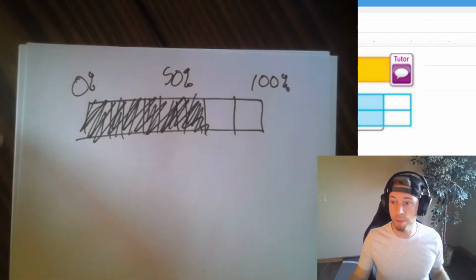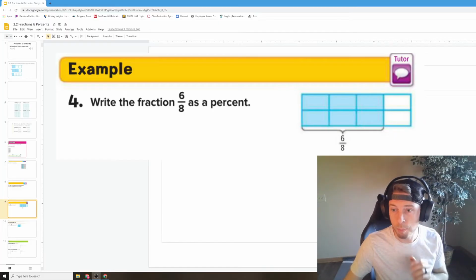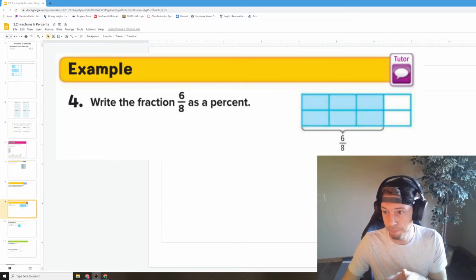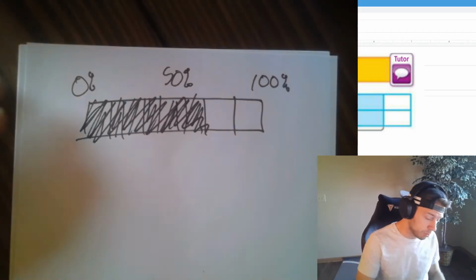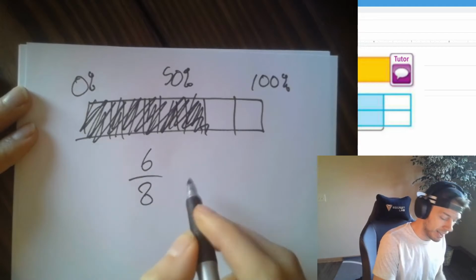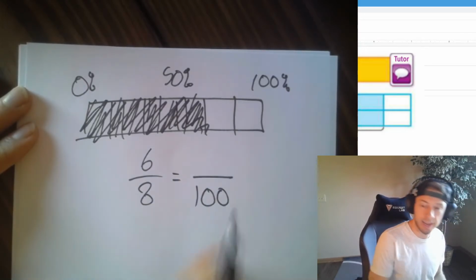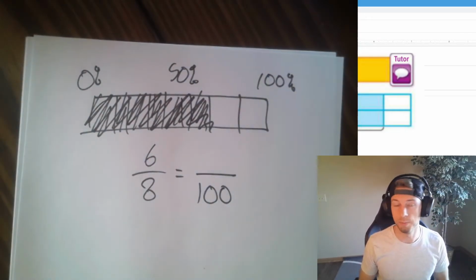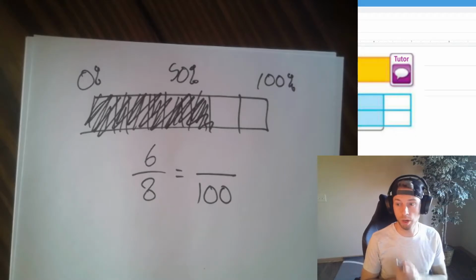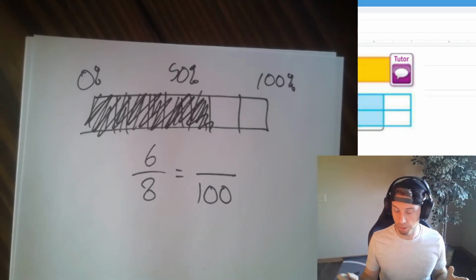But here's how you make sure. The problem said 6 out of 8. So what we would actually do is take 6/8 and find a way to get that denominator to 100. If you can get that denominator to 100, then you're going to get your answer.